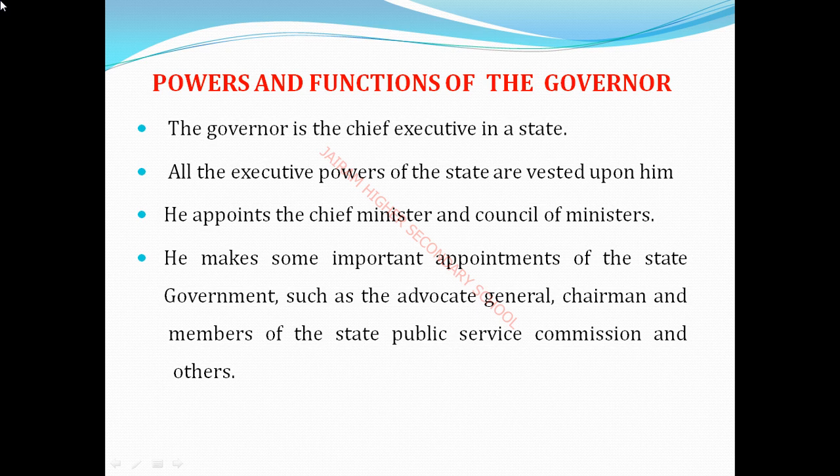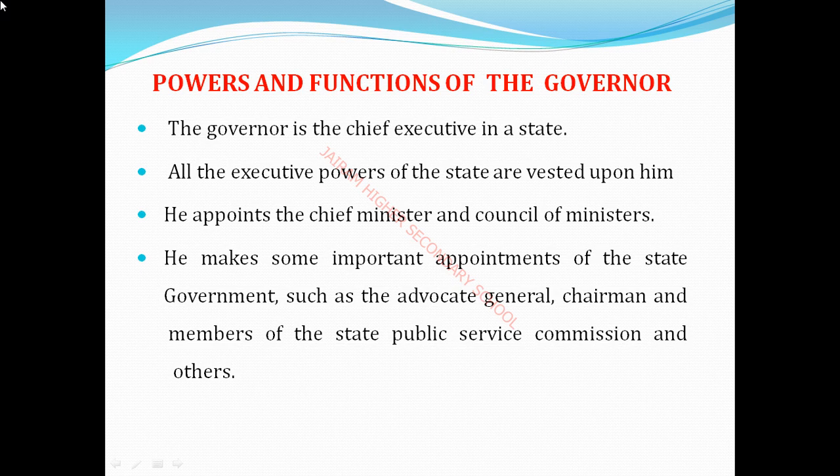And he can make some important appointments of the state government, such as the advocate general, the chairman and members of the state public service commission, and other department servants are appointed by the assent of the governor. Okay children, he has a lot of powers to appoint such important government officials.